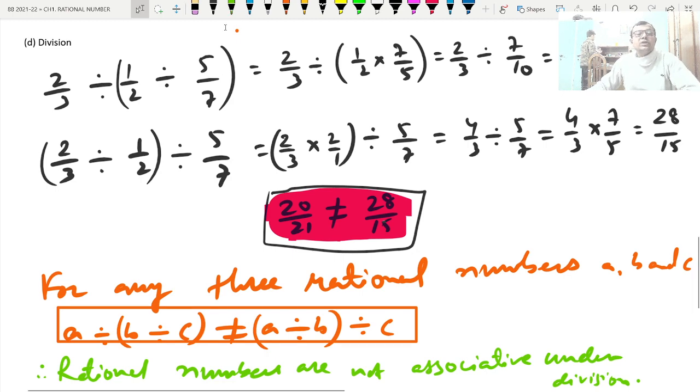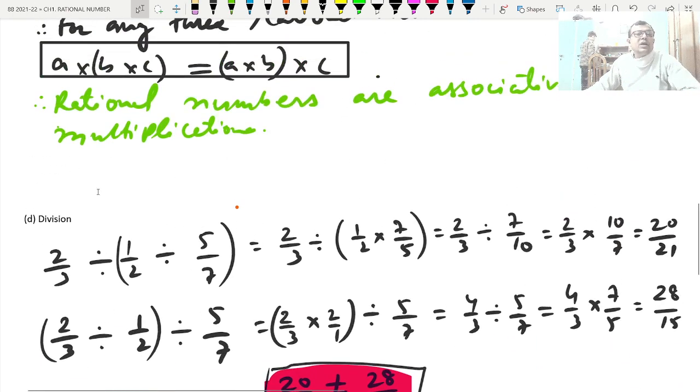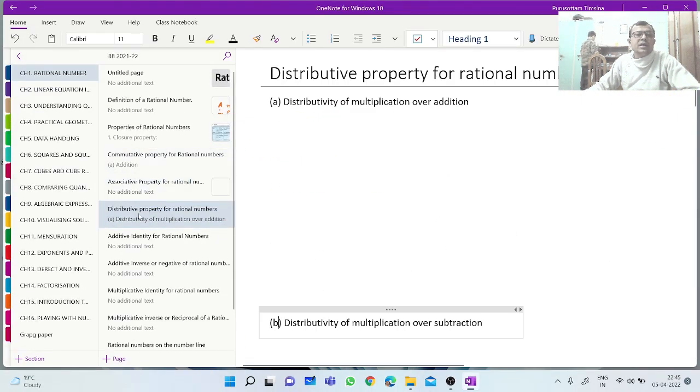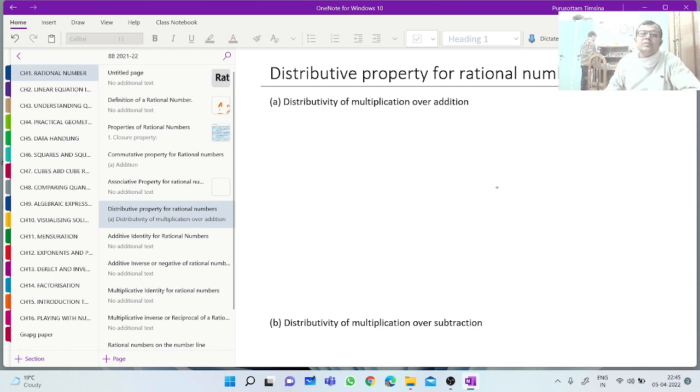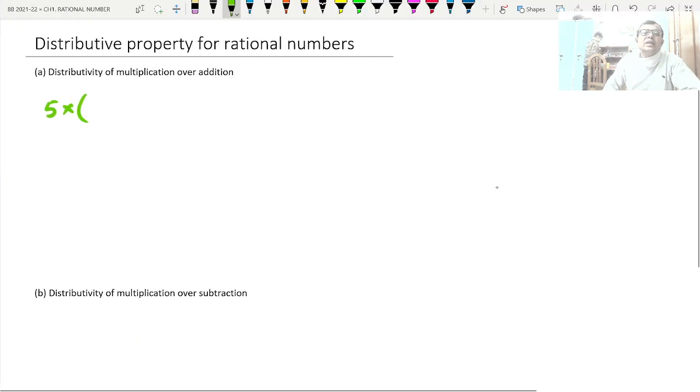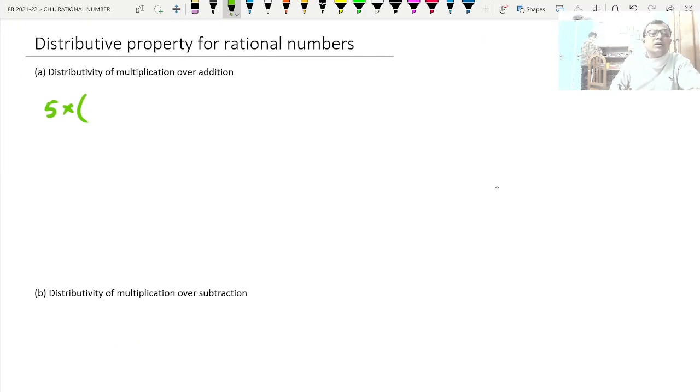Is this clear? So we have discussed closure property, commutative property, and associative property. Now we'll discuss distributive property of rational numbers. So first one is distributivity of multiplication over addition. Now here, any number you take, 5 into, you take any two numbers, like within bracket you can take 2 plus 3.